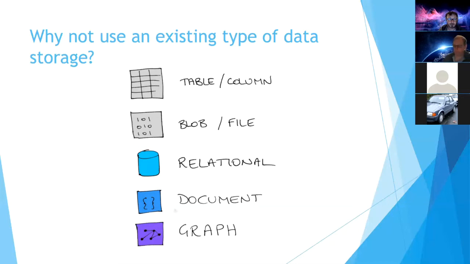They call it POLE: person, object, location, and event. So when you say, okay, here's a person, here's a car, they're in this place at this time, and then something happens, you can map all those things together. Great stuff.